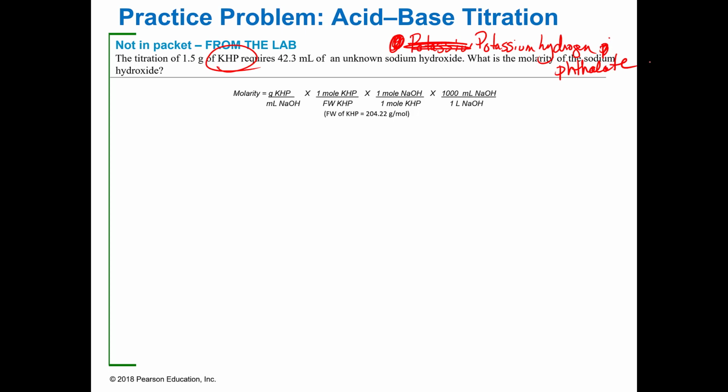Phthalate, okay? That P is not phosphorus, that's phthalate. And the reason I tell you that is because it would have a completely different formula weight if that was phosphorus. But phthalate is a particular polyatomic.